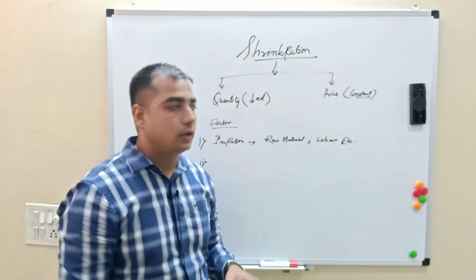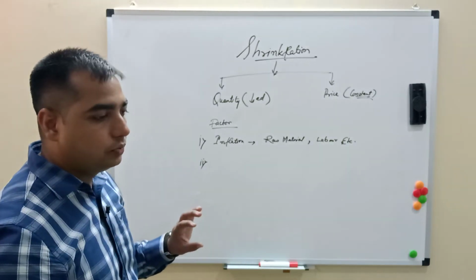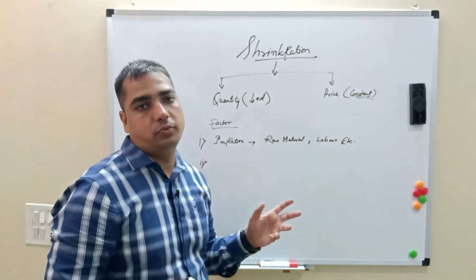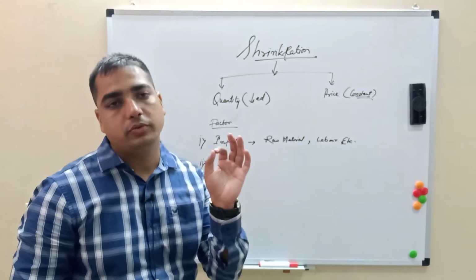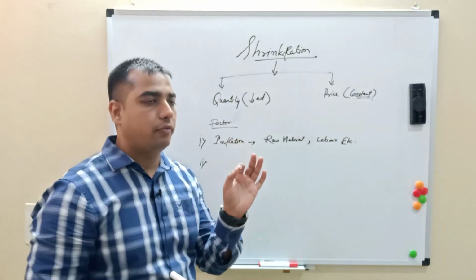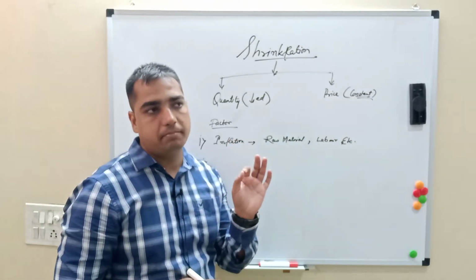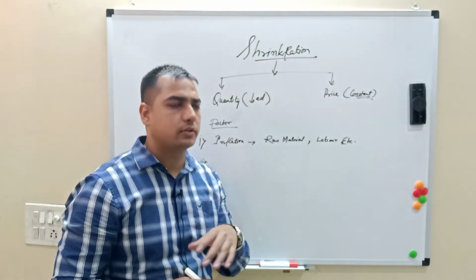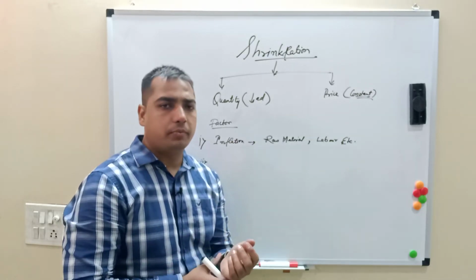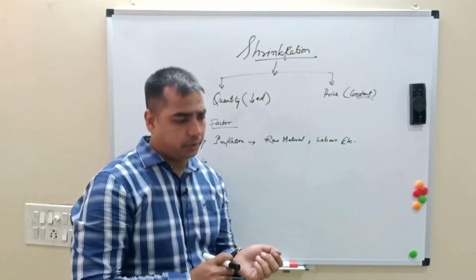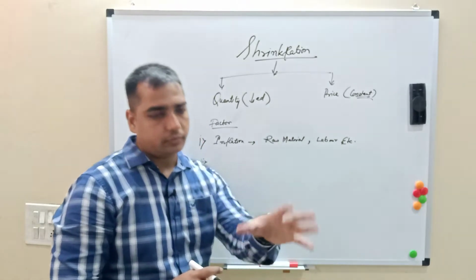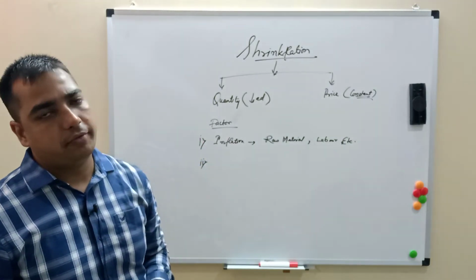So what happens, they try to deceive or cheat the consumer. They will slightly reduce the weight. For example, a 500 gram pouch of Surf Excel or some other product was coming at 500 rupees. Now it is 495 gram, only 5 gram reduced, and it is coming at the same 500 rupees.